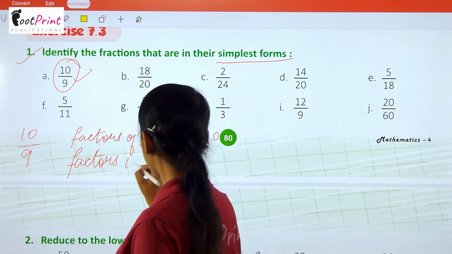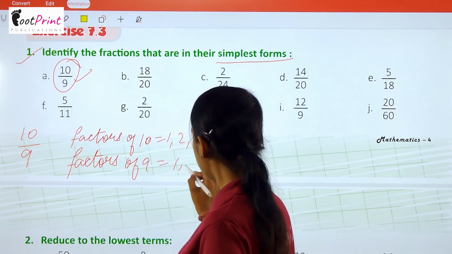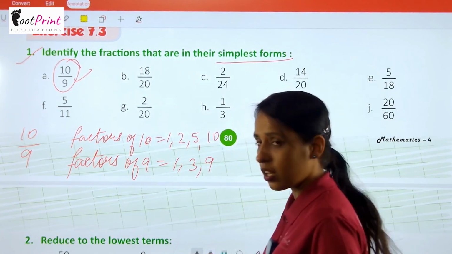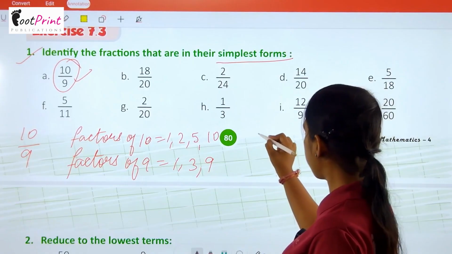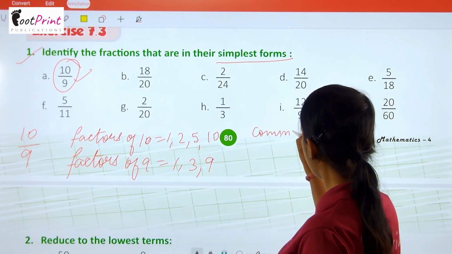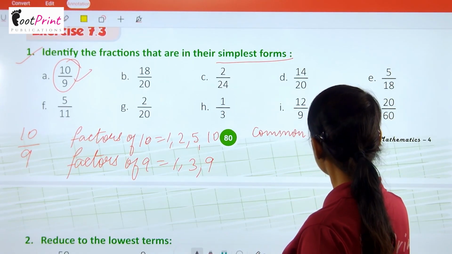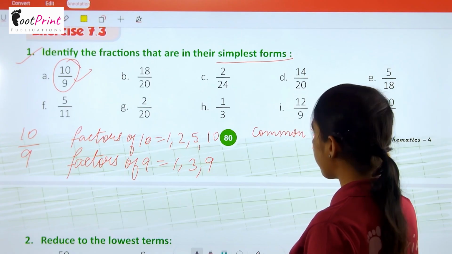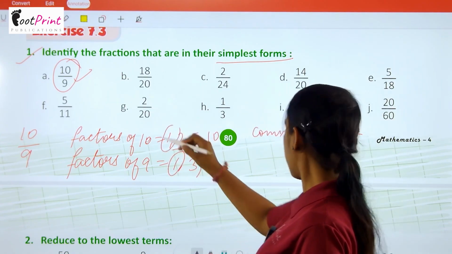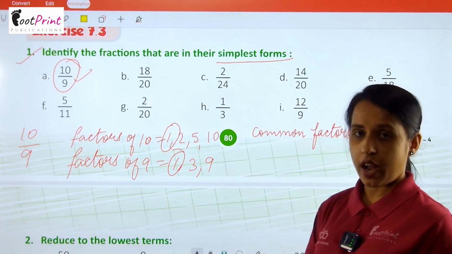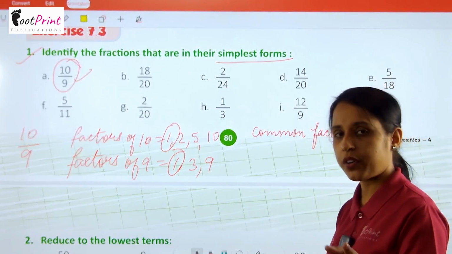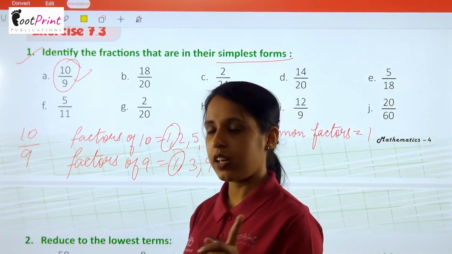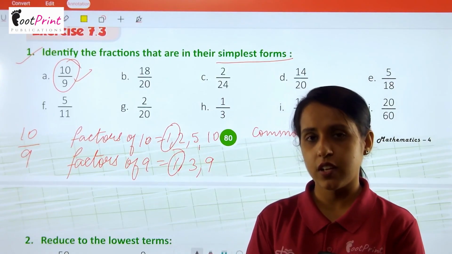Factors of 9 are 1, 3 and 9. Okay, now we have to find the common factors. What are the common factors? 1 only. Okay, and as we know, when the common factor of both the numerator and denominator is 1, it means the given fraction is in simplest form.